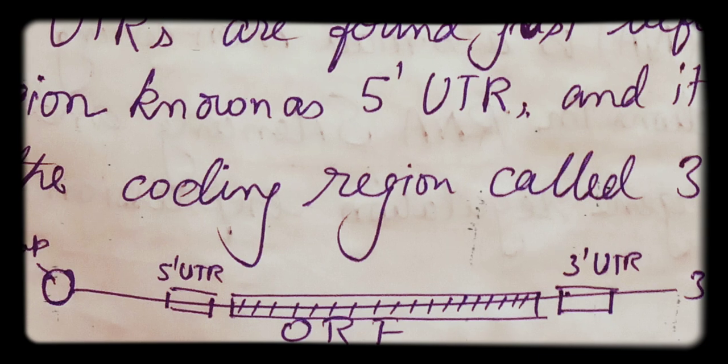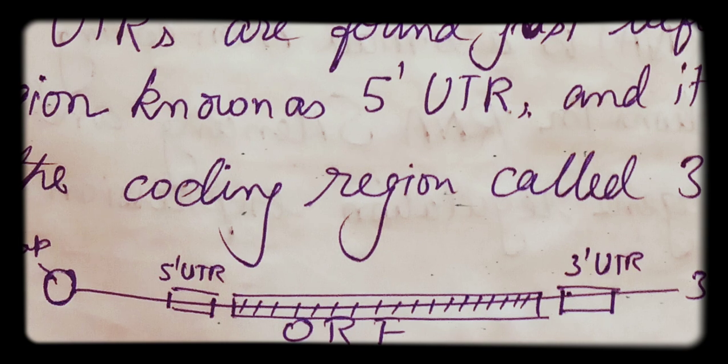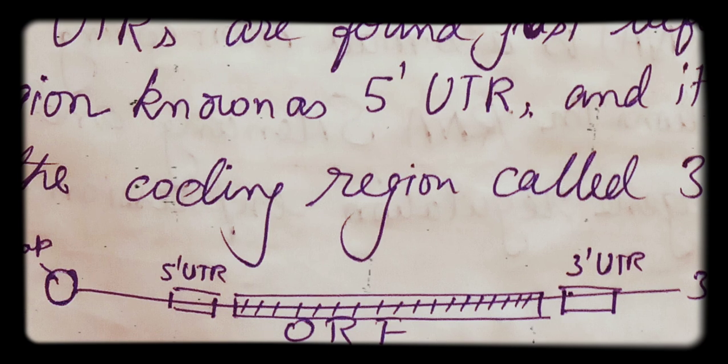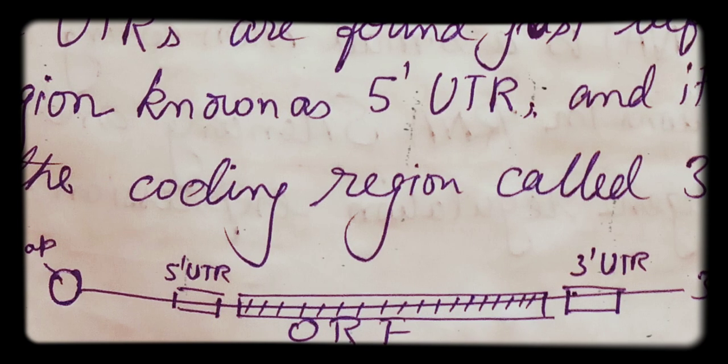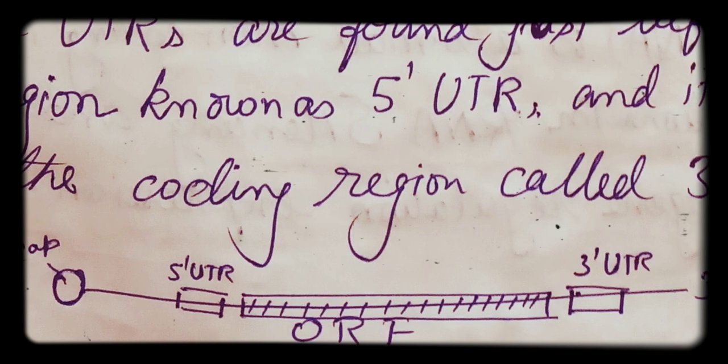You remember, an open reading frame always begins with a start codon and ends with a stop codon. So the 5' UTR is found before the start codon, and the 3' UTR is found just after the stop codon. So both 5' and 3' UTR are found outside the open reading frame.